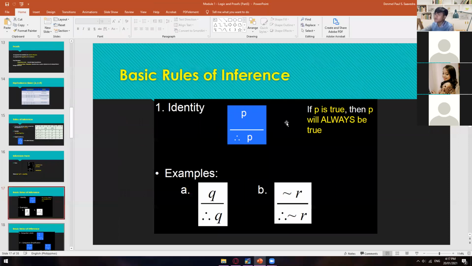Okay. So here are the basic rules of inference. So again, in hypothesis, we're always assuming that the initial value of your hypothesis is always true. So if P is true, then P will always be true. So in hypothesis, we assume that this one is true, then we can conclude now that this letter P is really true.